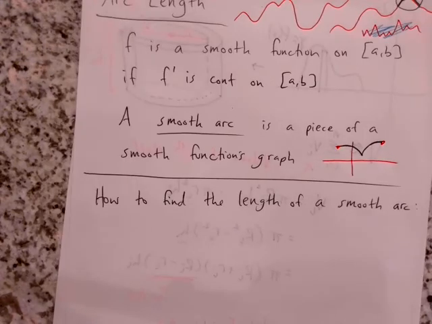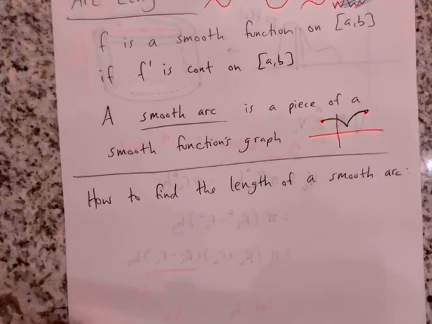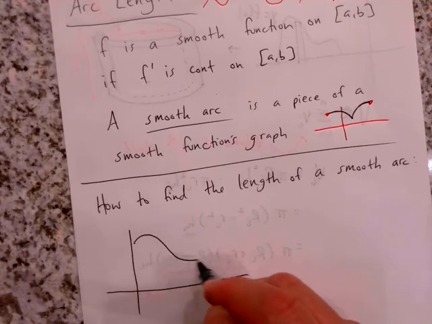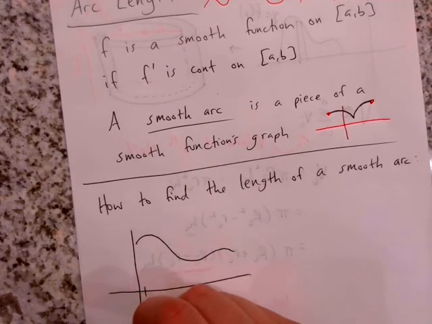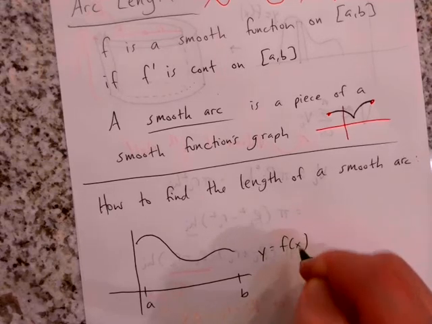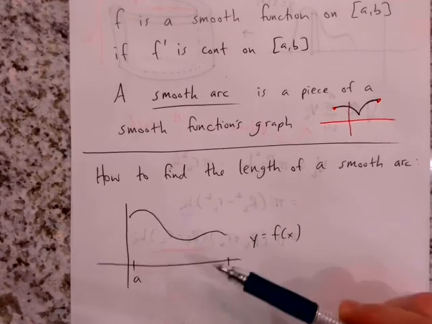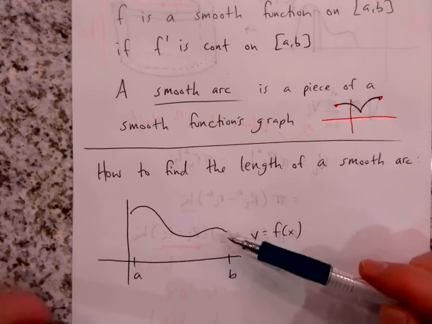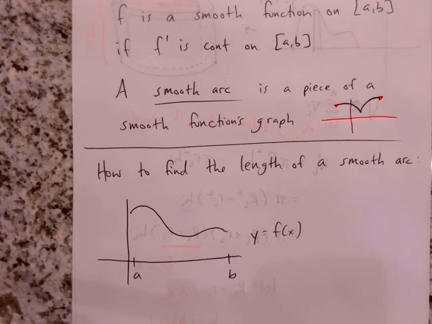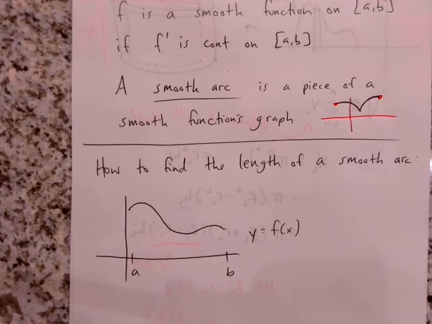Okay, how to do that? How to find the length of a smooth arc. Let's say that we have some smooth arc like this that goes from A to B, and our goal is to find how long that arc is. If we were to straighten it out, how long would that be? The way we do it is we first break our region into a finite number of subintervals.